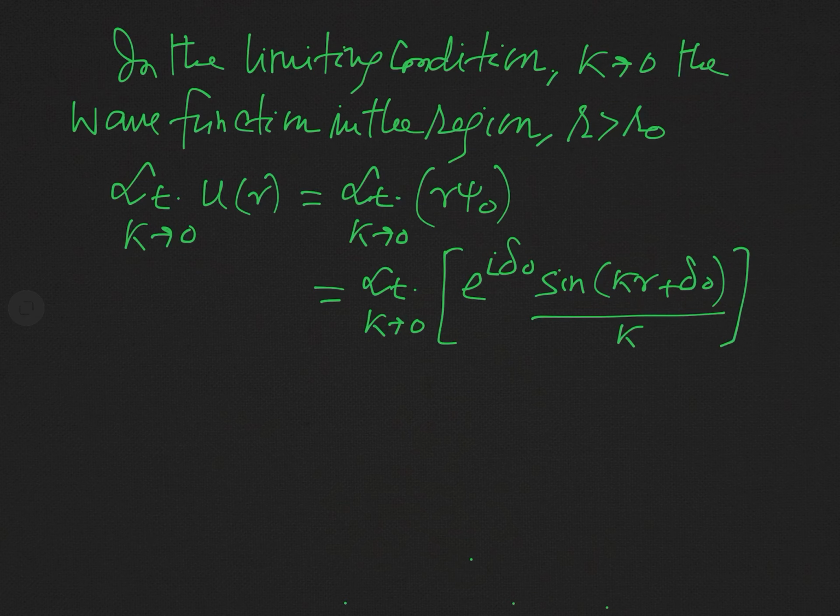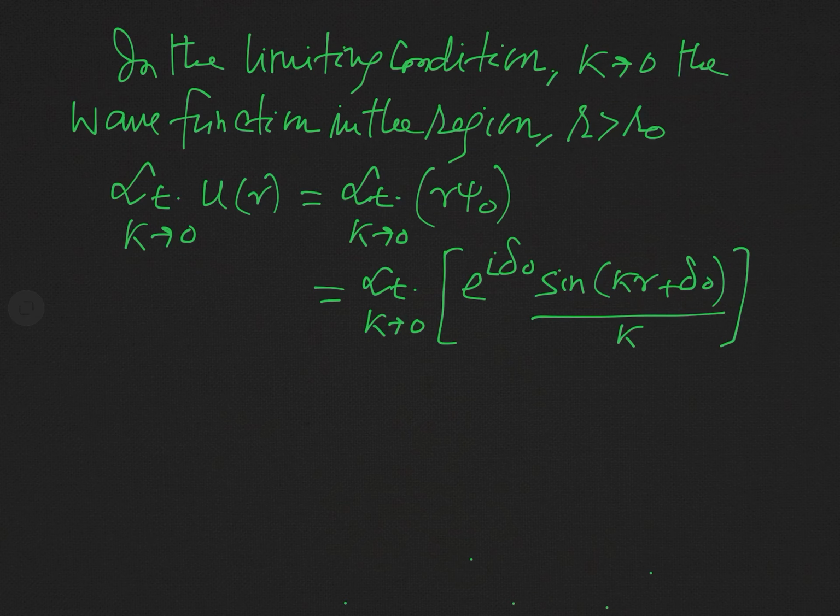Now, when you say that k tends to 0, in this condition we have mentioned that this delta naught will be actually equal to either 0 or pi.